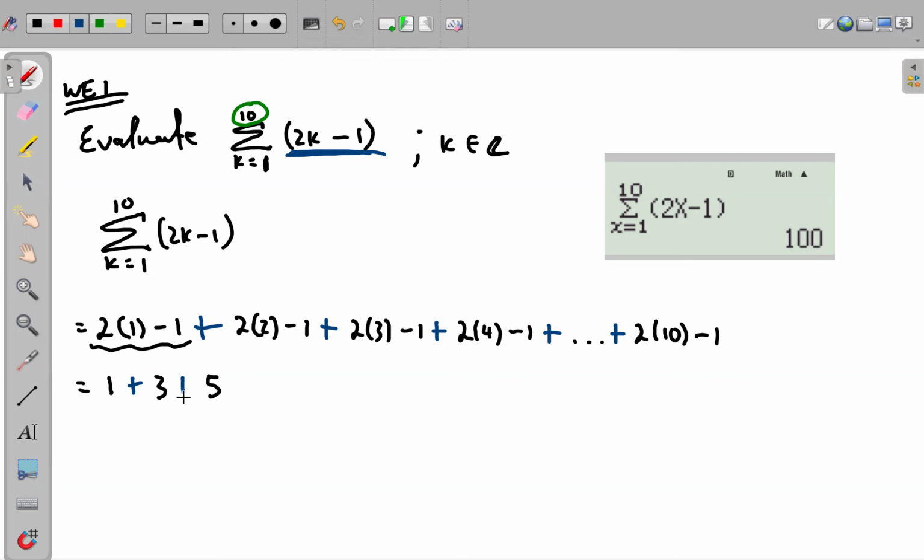And then what you will realize here is that, wait a minute, I'm probably just adding odd numbers here, the first 10 positive odd numbers.